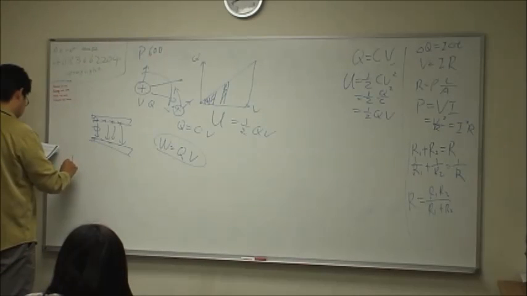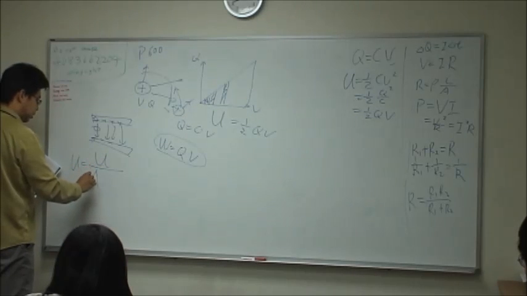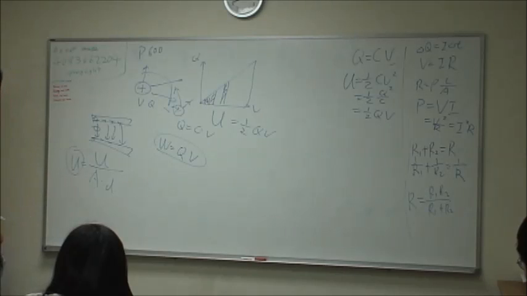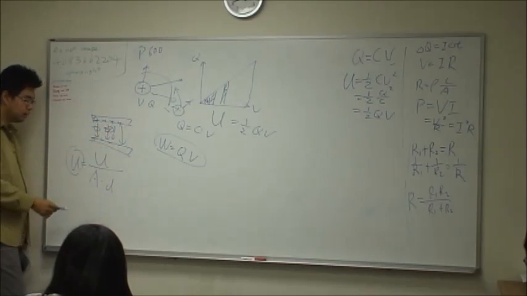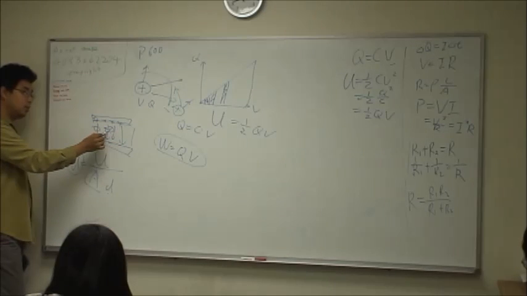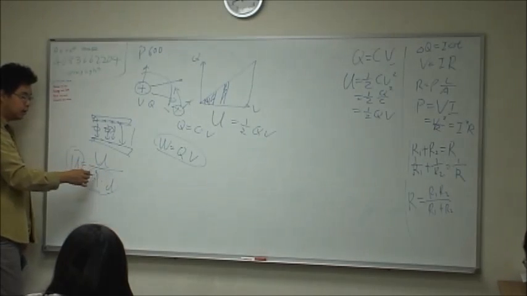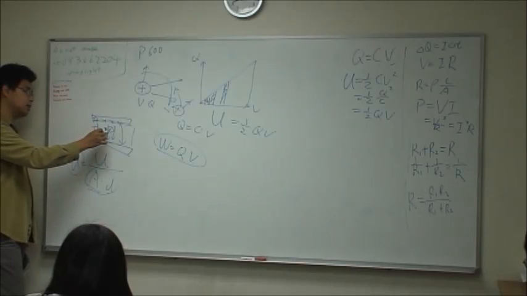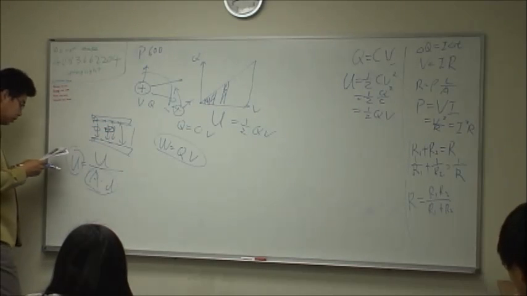So in this one, what it shows you is that U is equal to the total energy over the area times the distance, which means the energy per unit volume. A is the area of the capacitor, D is the distance. So this is the total volume, and this is the total energy. The total energy per volume is the energy inside 1 unit of volume. That's equal to what?